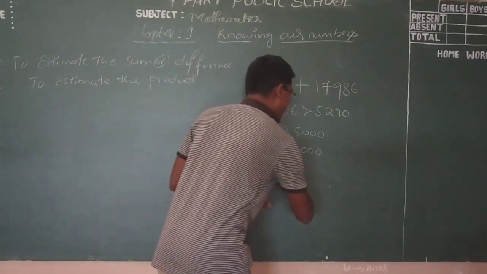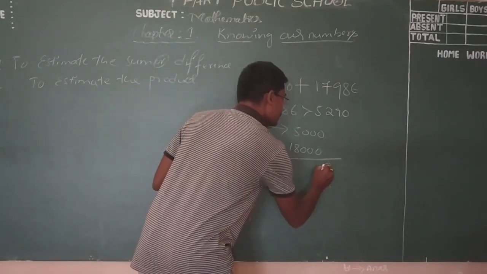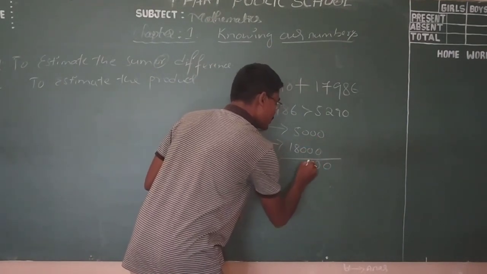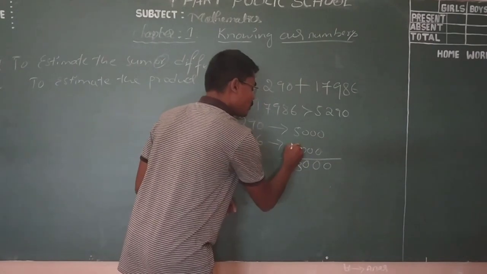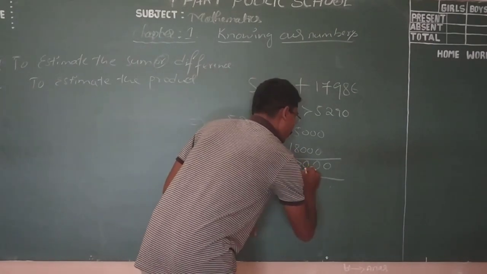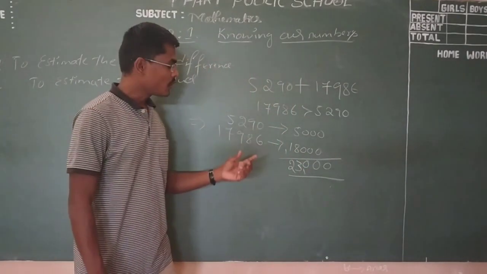Then you are going to add these two numbers. 0 plus 0, 0 plus 0, 0 plus 0, 5 plus 8 is 13, 3 and 1 carry, 1 plus 1 is 2. We got an answer of 23,000.